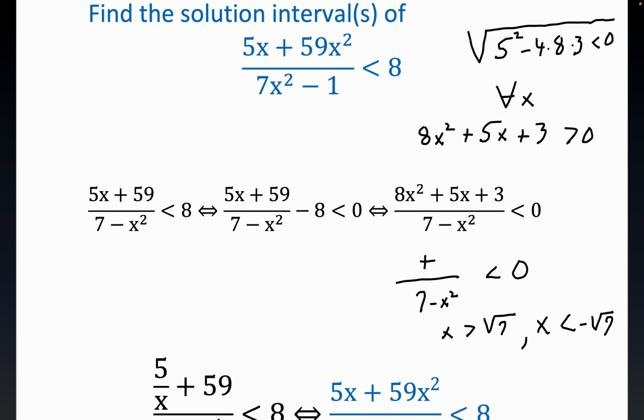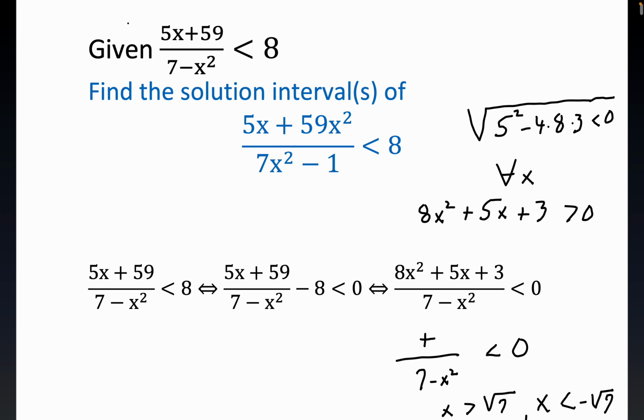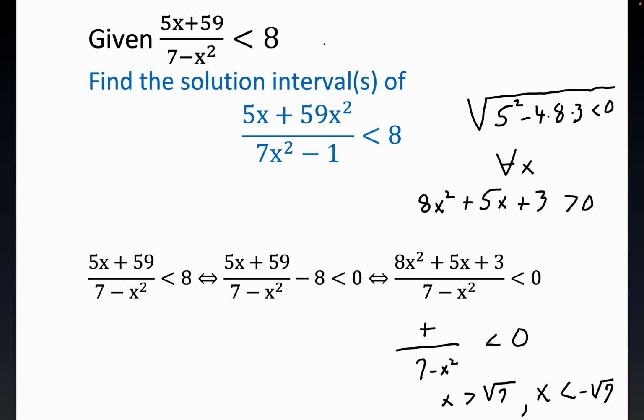Okay, so you see we've solved the given. Let's go back and see what we just did. This was the given inequality, and we found the solution interval for this inequality right here. And if you want to, you can write it like this. It's the same thing as saying minus infinity on the low side to minus root 7.